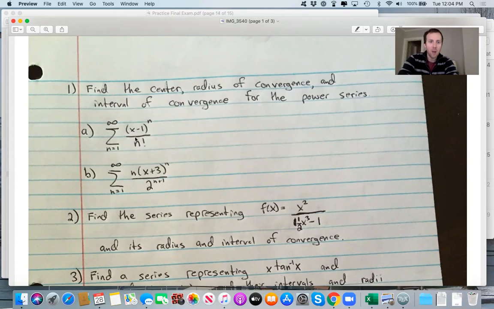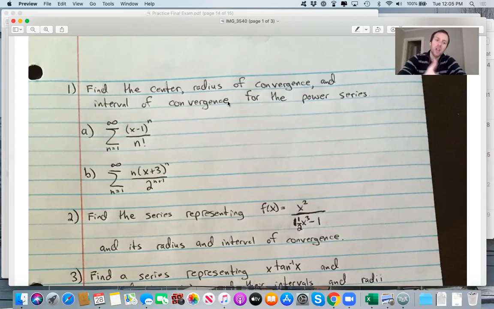There's other stuff around, like a factorial here, and n 2 to the n, but it's always going to be x plus something or x minus something raised to the n where the variable shows up. And so a question, if you're given a power series, is to figure out when it converges. Some quantities that we can ask are: find the center, which is really just reading it off from the form of the series, and then find the radius of convergence and the interval of convergence. And to do that, we'll need to use some of our convergence tests.